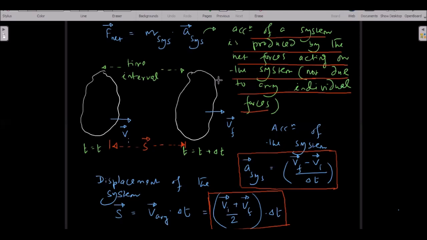Right? So now let us go back to the basics. Work done W is equal to what I have written: W is equal to F net vector dot S vector. So F net vector is equal to M system into A system vector, dot displacement vector.